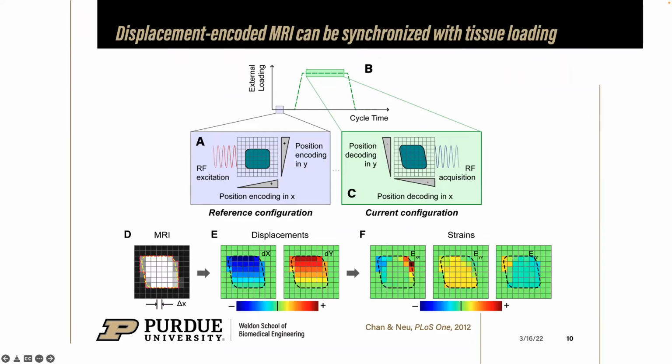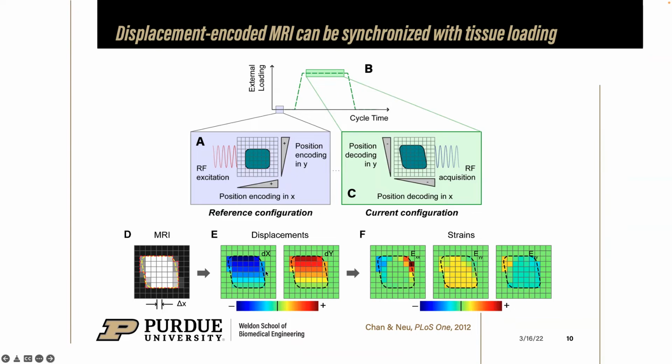And so when we acquire that data, right, we get our MRI data out. MRI data is typically in magnitude information as well as phase information. And we take this phase information that was embedded and we extract what the displacement in the X direction as well as the displacement in the Y direction was, based on the information that we encoded and decoded within each cycle above.